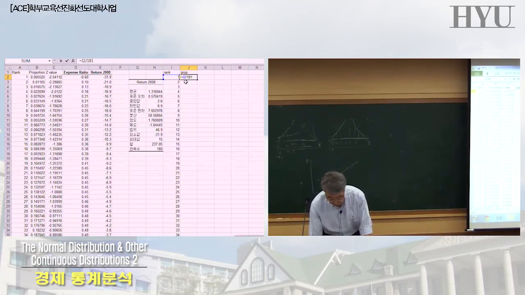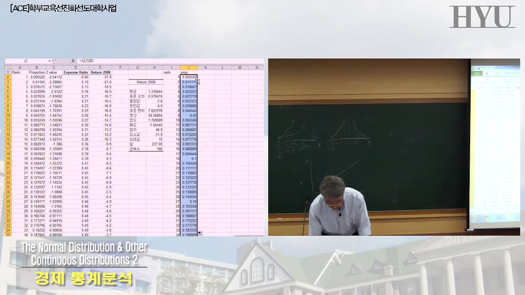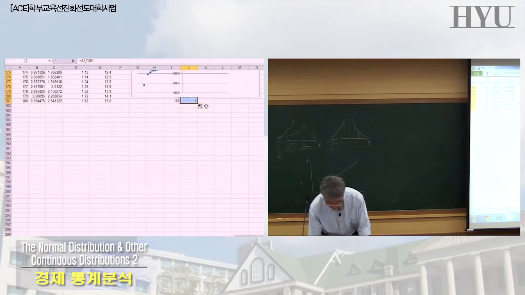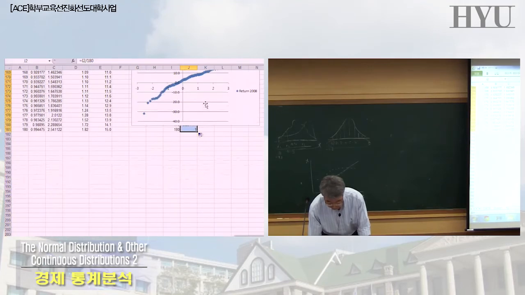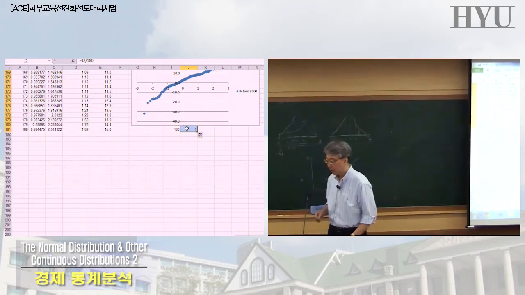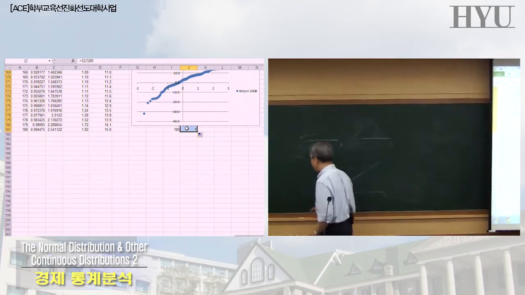Suppose I used 180 here instead of 181. Okay? And then you just copy it all the way down. Okay? The last score will be 1 in that case, because obviously this rank is 180 and you divide it by 180, you get 1, right? Then there is no way you can calculate the z-value. Okay? We're trying to find the z-value.